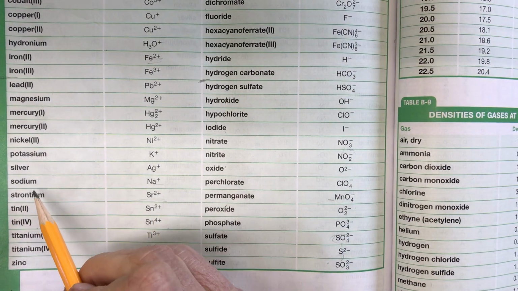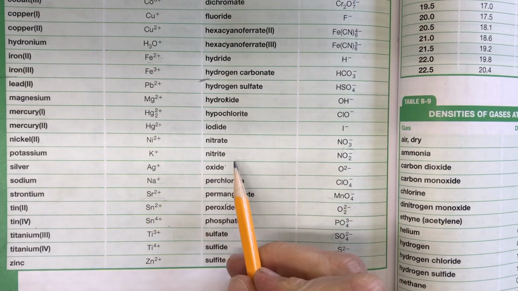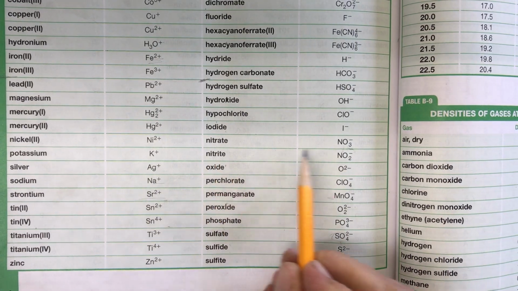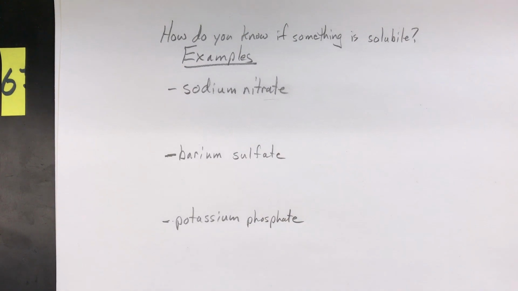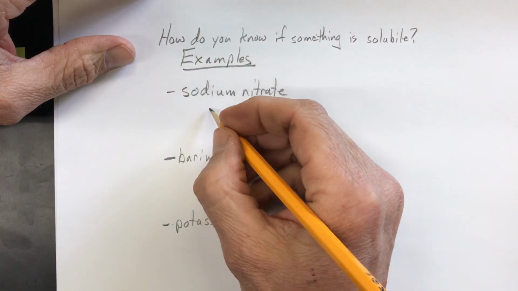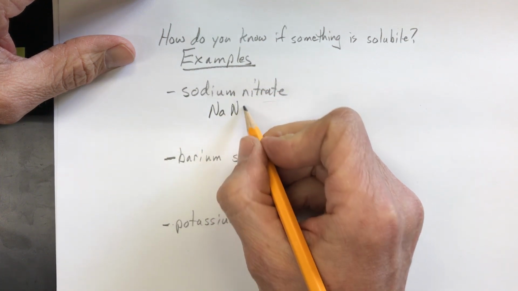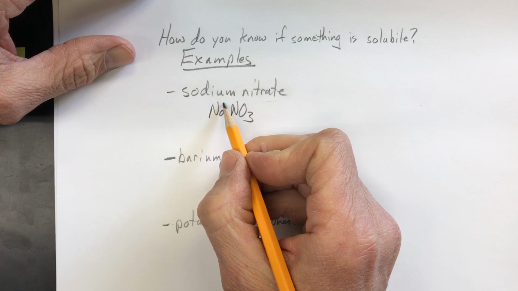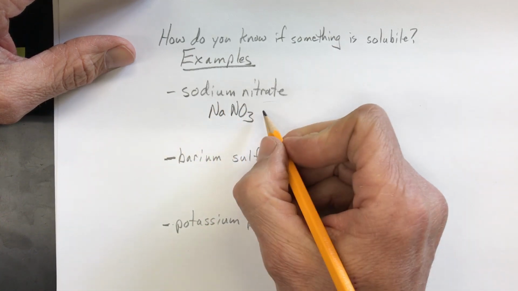And there's sodium, and it is a +1. And right across here is the nitrate, which is NO3, -1. So our formula for sodium nitrate is going to be NaNO3. Since Na is a +1 and NO3 is a -1, that is a balanced chemical formula.